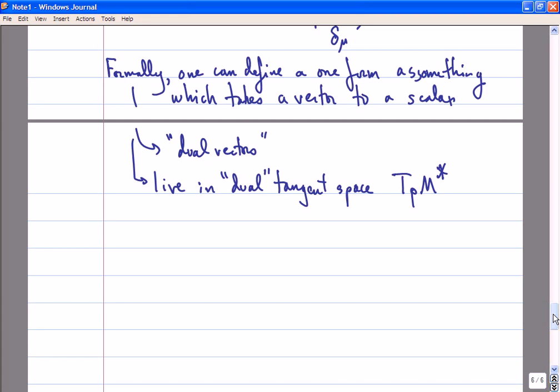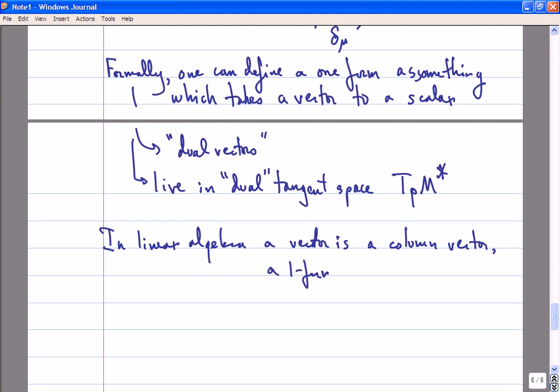Whereas in linear algebra, a vector, or a standard contravariant vector, is a column vector, a one-form is a row vector. What is the scalar that one forms using a column vector and a row vector? It's just the dot product.